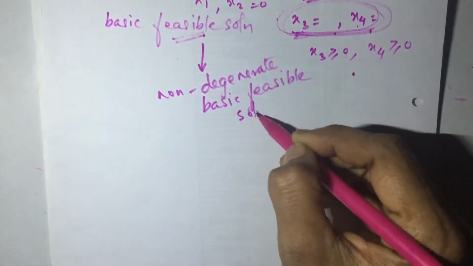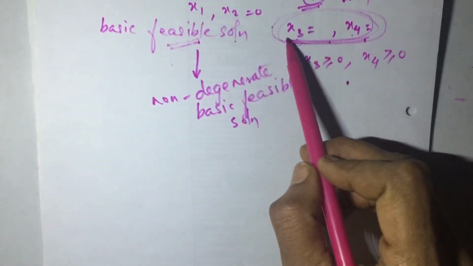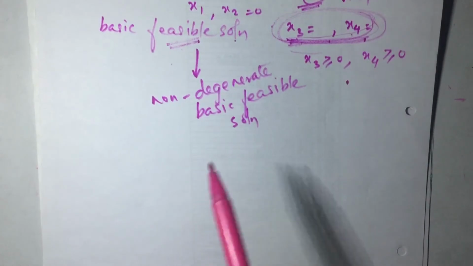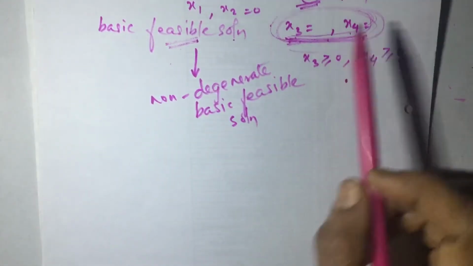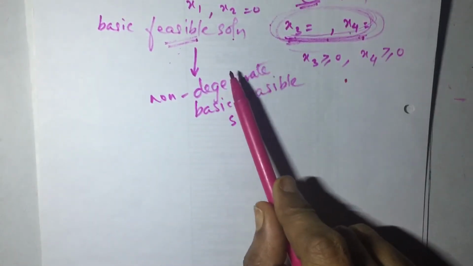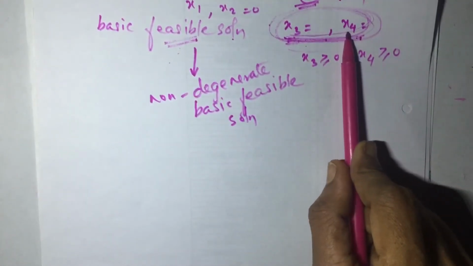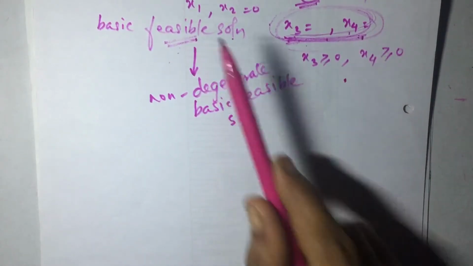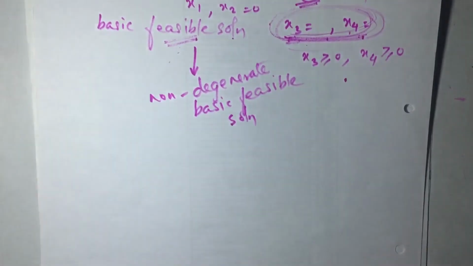That is, when this solution you are getting is positive or satisfies the non-negativity condition, we call that a basic feasible solution. If all the basic variables so obtained are positive, then this basic feasible solution is called a non-degenerate basic feasible solution.